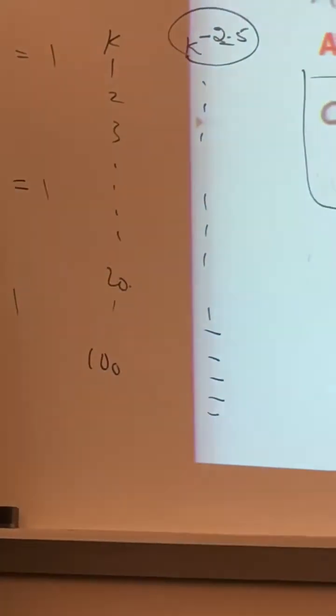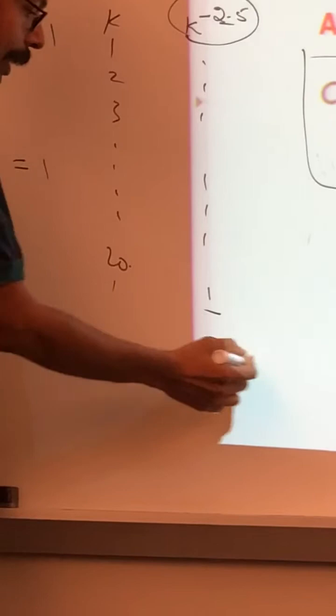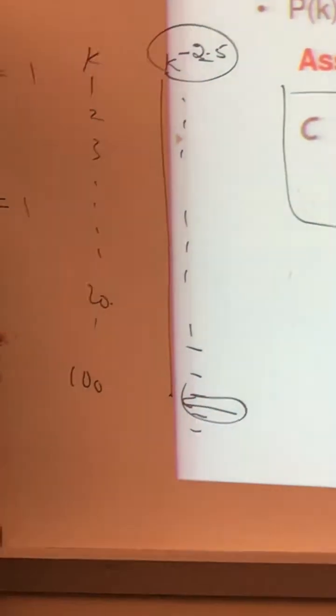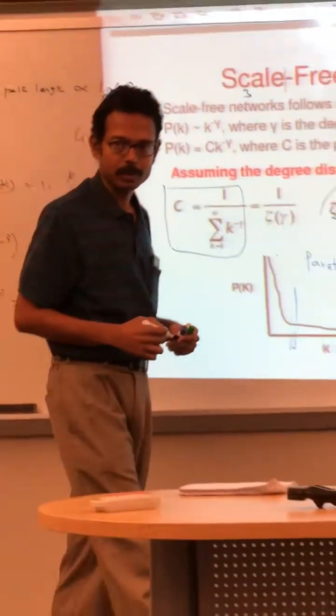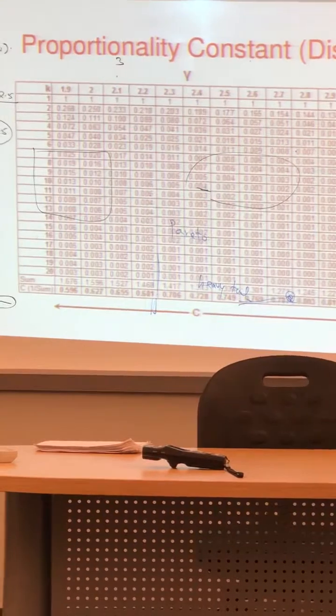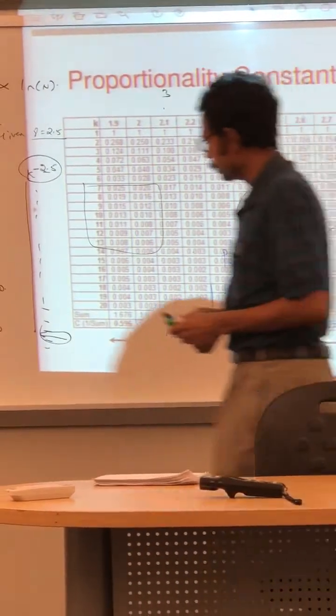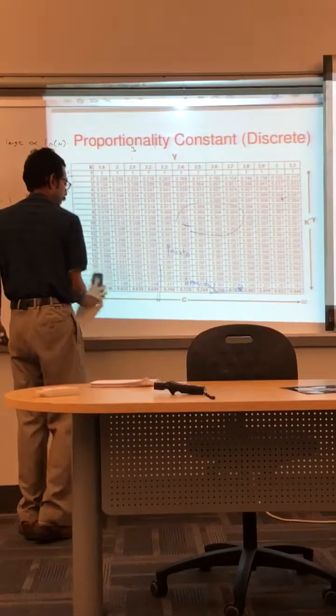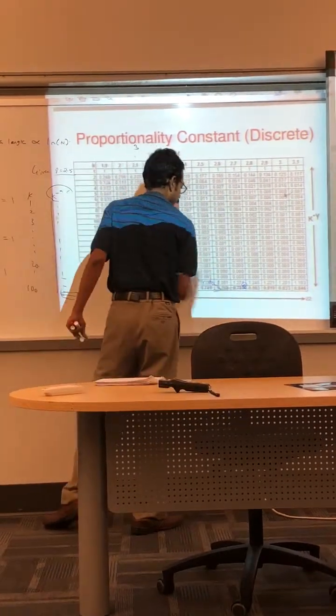You can stop when k raised to negative gamma becomes negligible, and then you add up all those values. That is your proportionality constant. I have shown this up here. It's nothing complicated, what I just said is shown here.